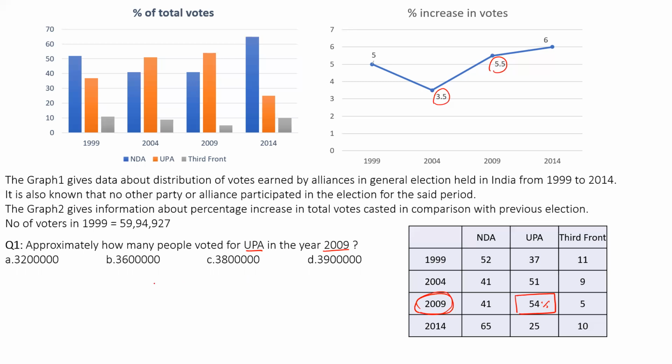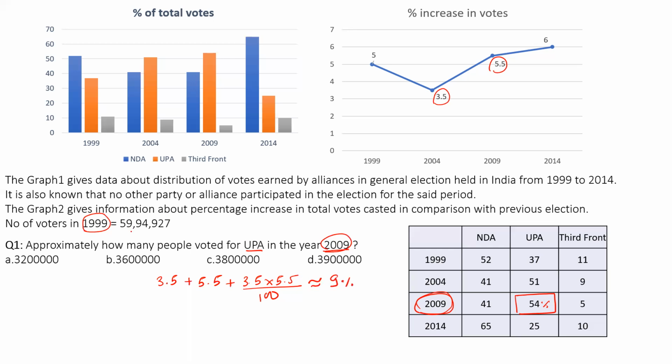So total percentage increase from 1999 till 2009 can be given by the successive percentage change formula as 3.5 plus 5.5 plus 3.5 into 5.5 upon 100. If you calculate this, roughly it will be 9%.